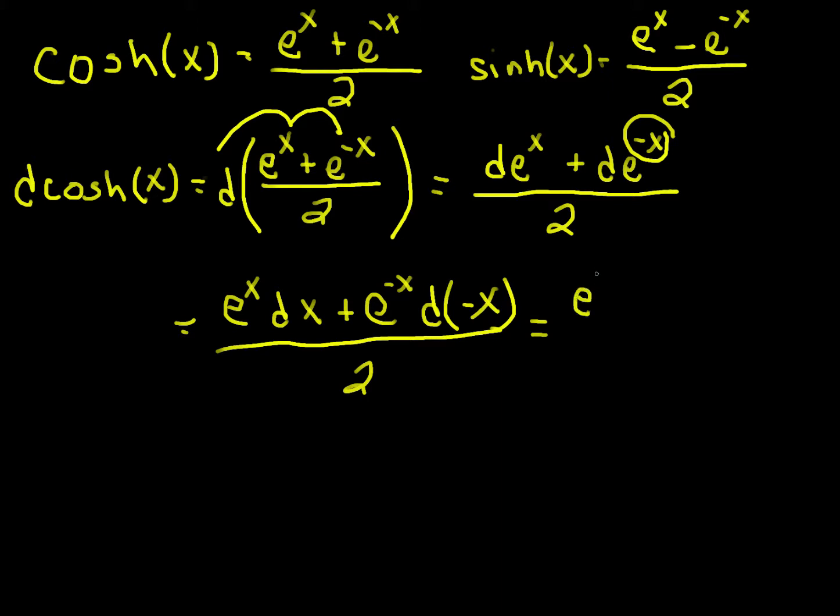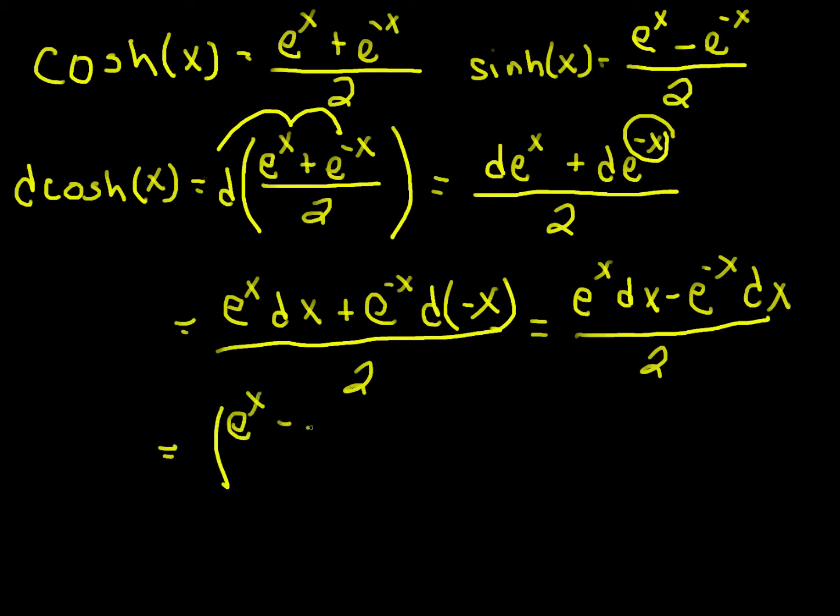which is, well, the differential of negative x is just negative differential of x. So this is e to the x dx minus e to the minus x dx over 2. Bringing that dx out, this is the whole thing, e to the x minus e to the negative x over 2 dx.